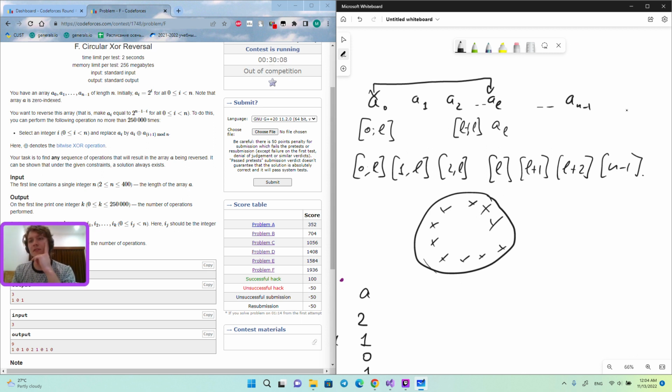For example, let's assume that we start with A0 and go to the left. Then we have n minus 1, n minus 2, n minus 1, n minus 3, n minus 1, etc. And here we have the sum of all numbers.